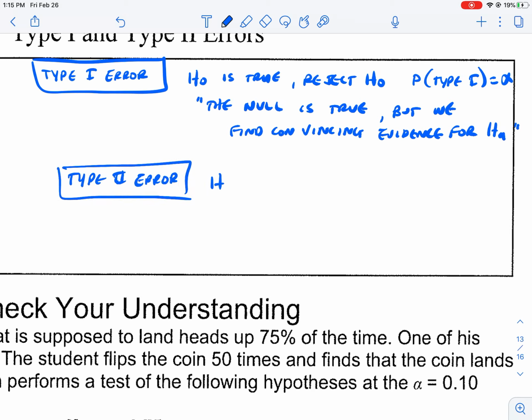Okay? A type 2 error would be H sub A is true and we fail to reject H sub 0.